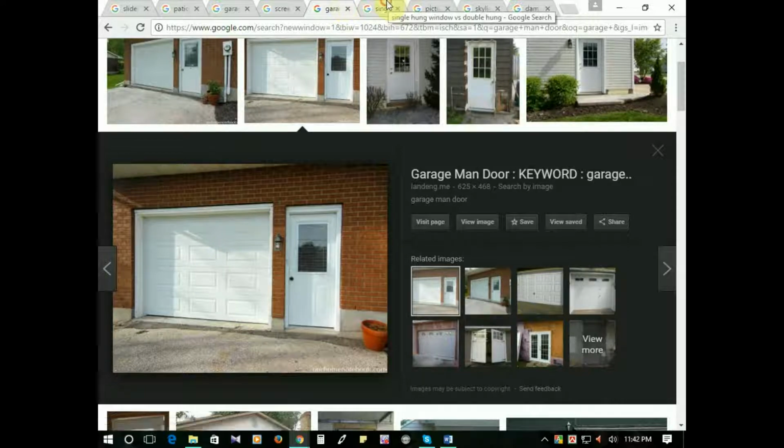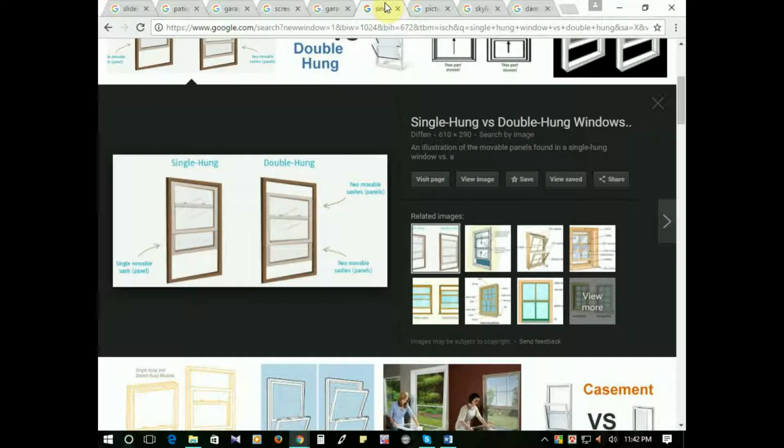The most common window types that you will see are single hung and double hung windows. Both of which are the same thing, except that double hung windows have two movable parts instead of one. As you can see, this is the difference between a single hung and a double hung window.